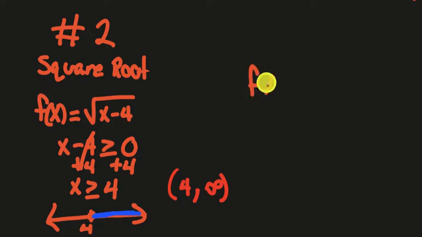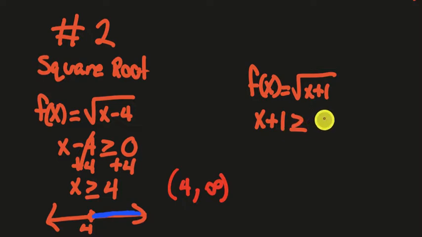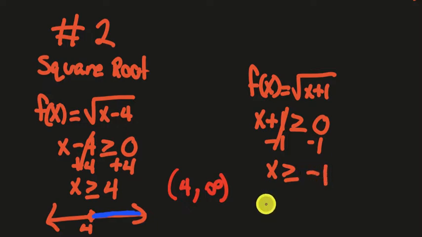Another example is if we have the square root of x plus 1. We have to set the inside of the square root to be greater than or equal to 0. We can subtract 1 on each side, and we'll have x is greater than or equal to negative 1.